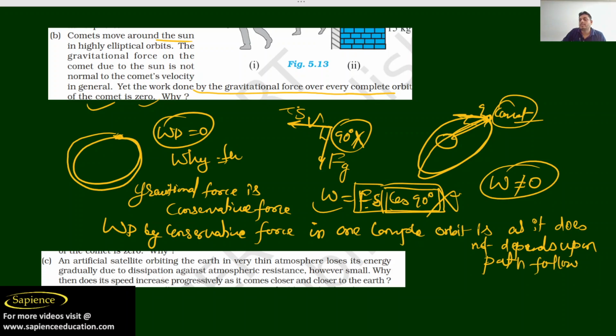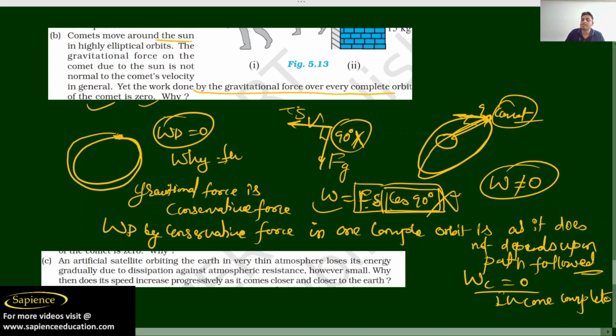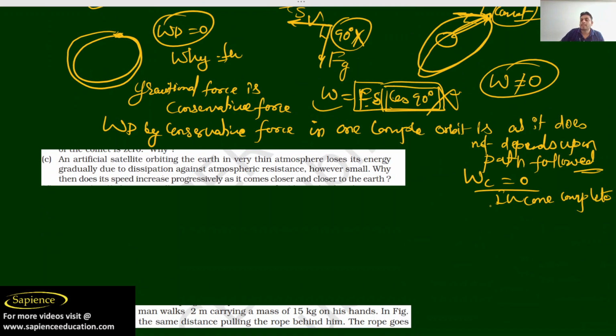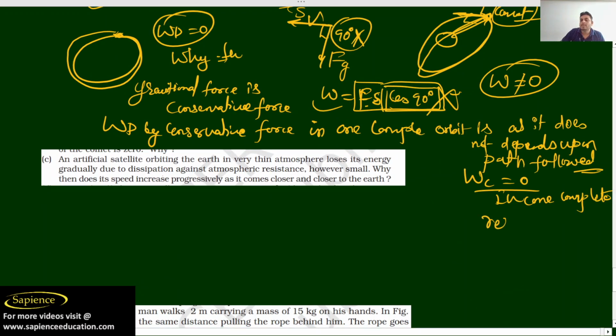I hope you all have understood now. So that's why the work done is zero. Work done by a conservative force is equal to zero in one complete revolution.